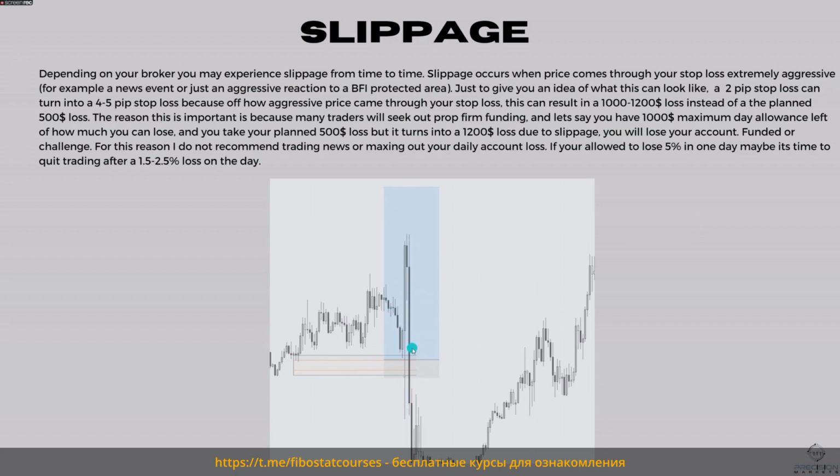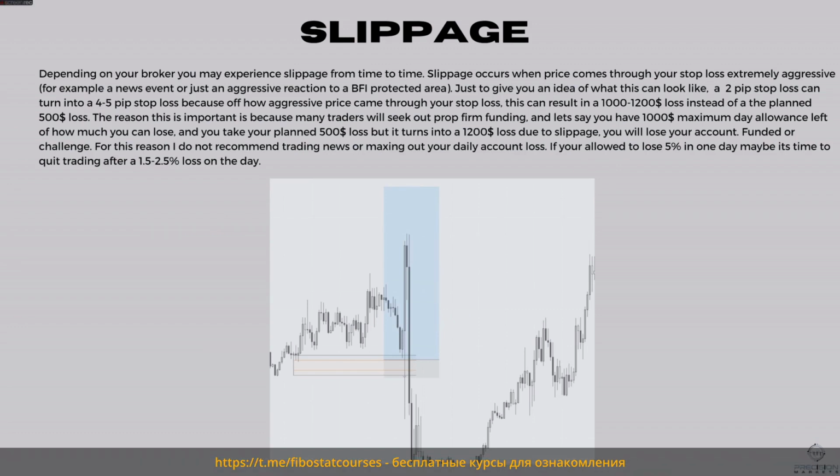What this basically means is if you were risking $500 with a 2 pip stop and it didn't take you out of the position till about 4 or 5 pips, you'll lose $1,000, $1,250, somewhere in there instead of the $500 planned. And this is very important to account for.